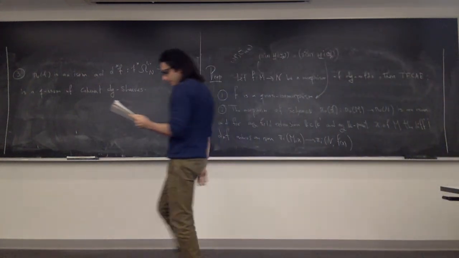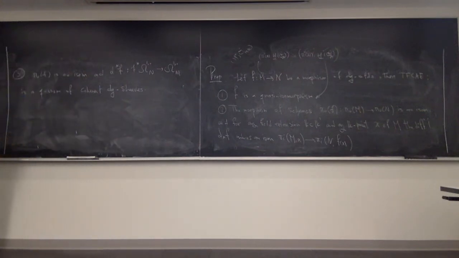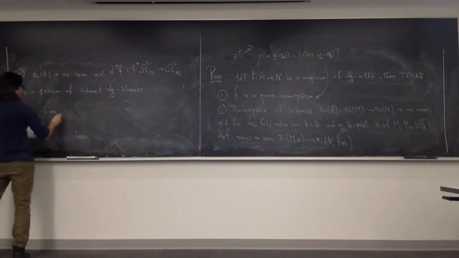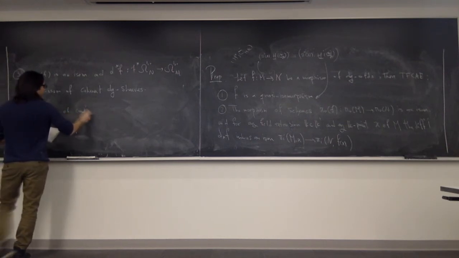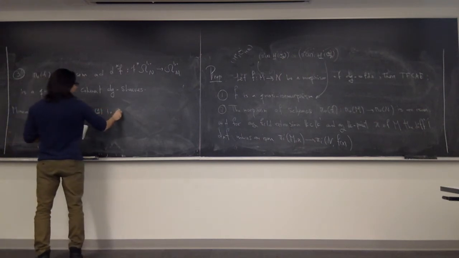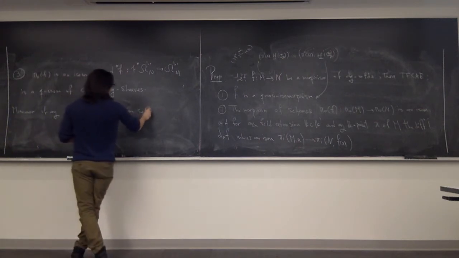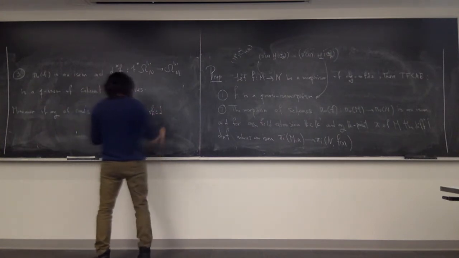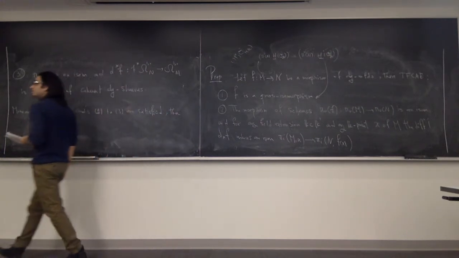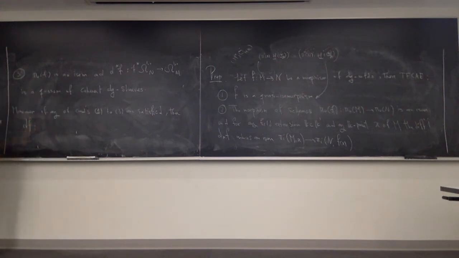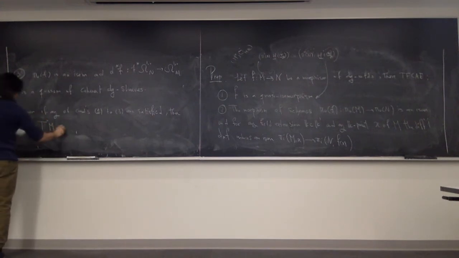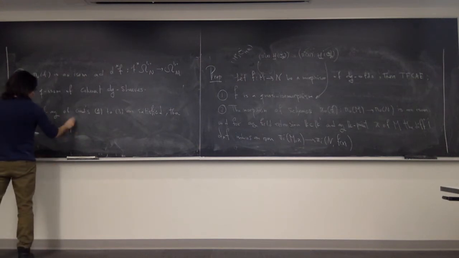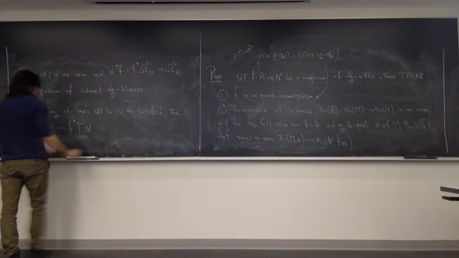Okay, and then moreover, if any of the conditions 1 to 3 are satisfied, then df from T dot of M to the pullback f star of T dot of N is a quasi-isomorphism.